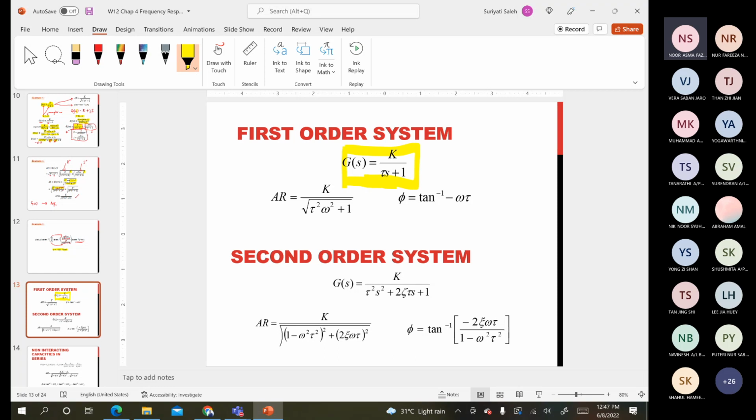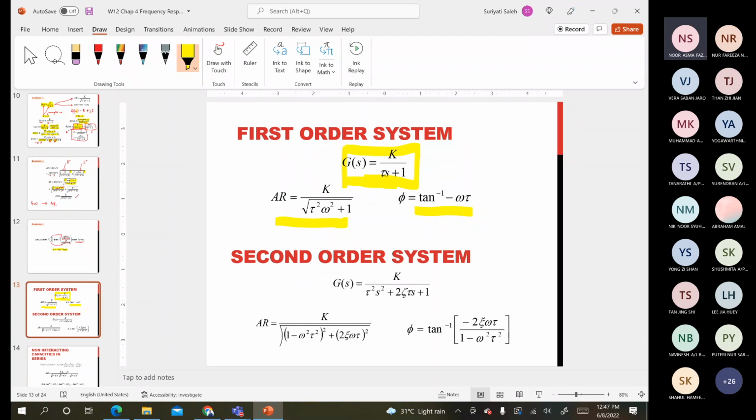So in this case, the standard form for first order is the following amplitude ratio and the following phase angle. And this is not going to change. You just take directly the AR and the angle.